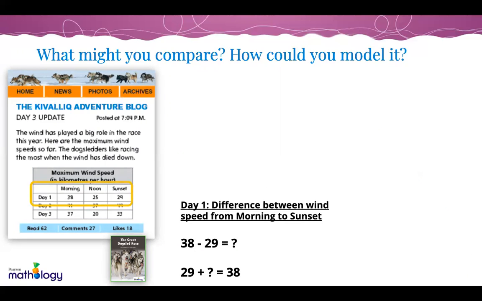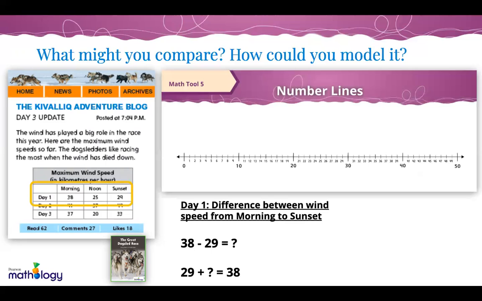Sometimes the actual thinking is subtracting, but sometimes the actual way students might go through it is addition. And this is where something like number lines can come in really handy for students as they model the idea of difference. The difference between the sunset and the morning on the number line is a nice way for students to actually start representing their thinking.